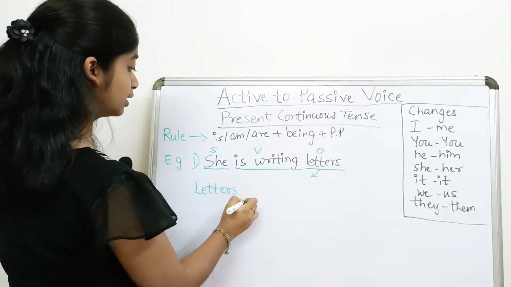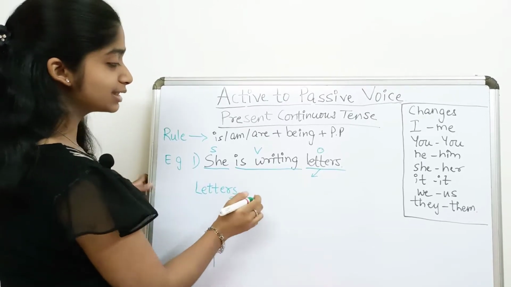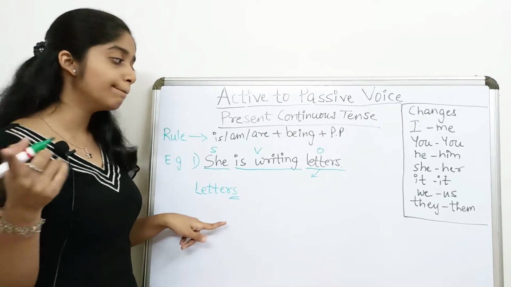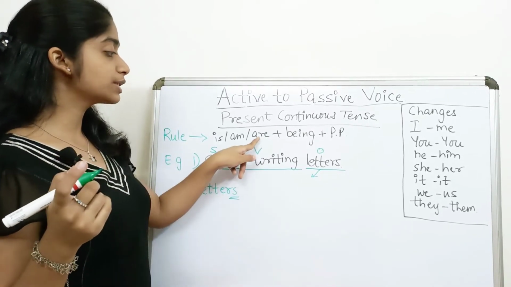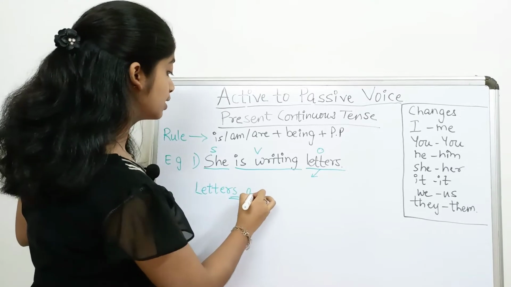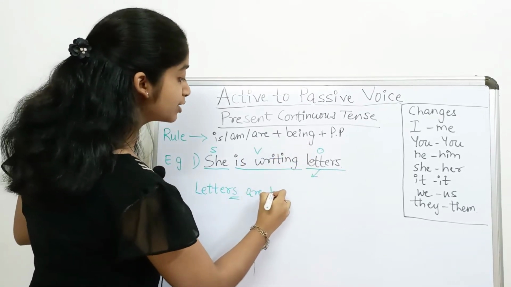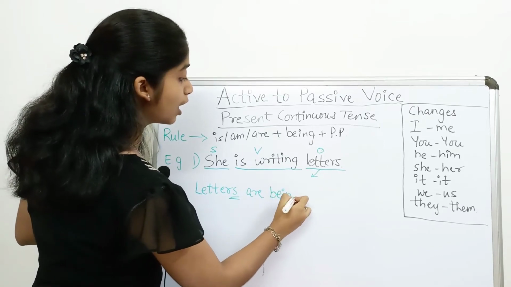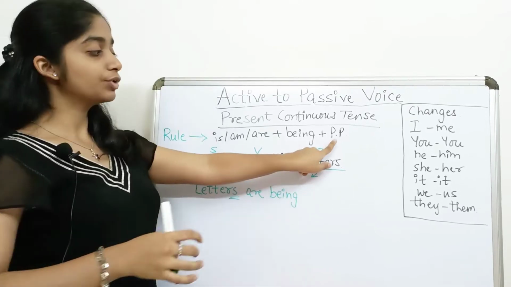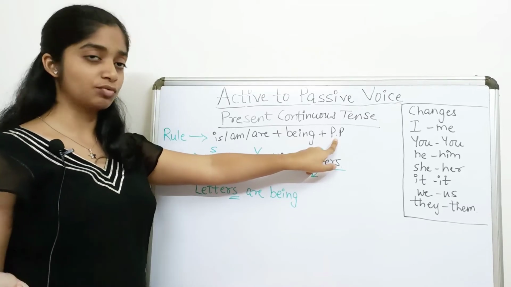Letters. Now letters, it has an S. They are more in number. Therefore, we will use are. Letters are being, B-E-I-N-G. We have to use the past participle of the verb.